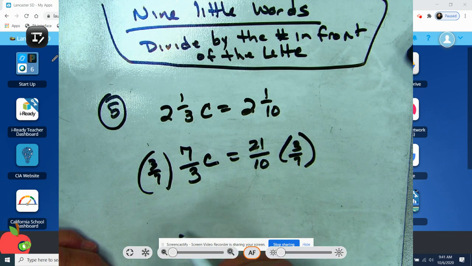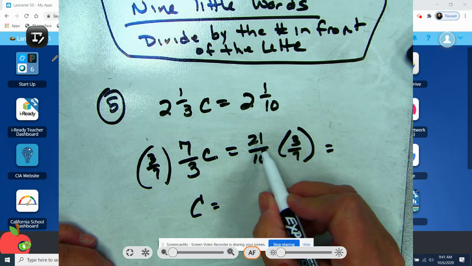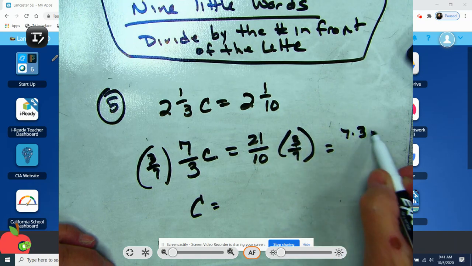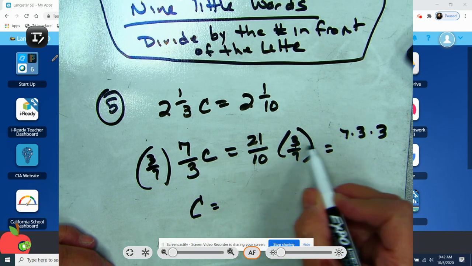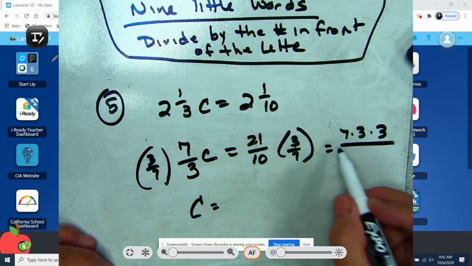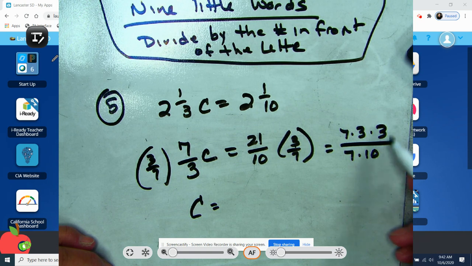Again, this is going to cancel and leave c. Over here, you have 21. 21 is 7 times 3, and then you have the 3. So all I've done is factor the numerator, okay? On the bottom, you have 7 times 10. I didn't break up the 10 because there's no 2 or 5.